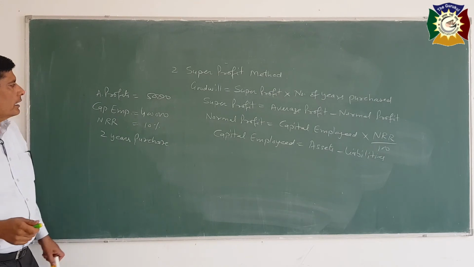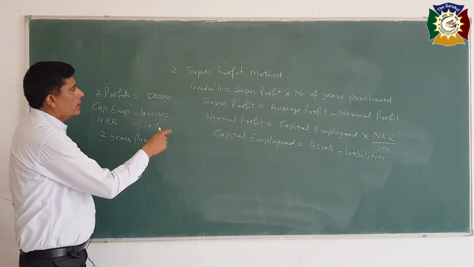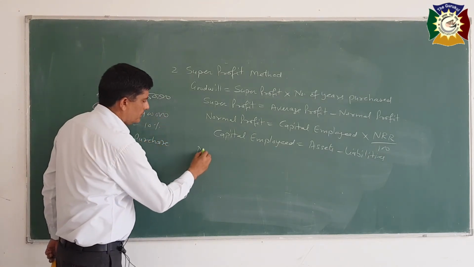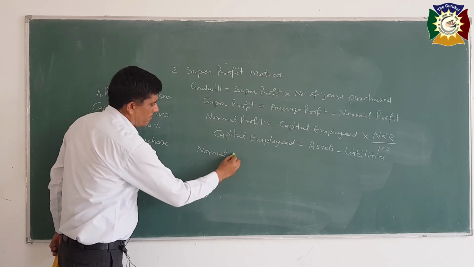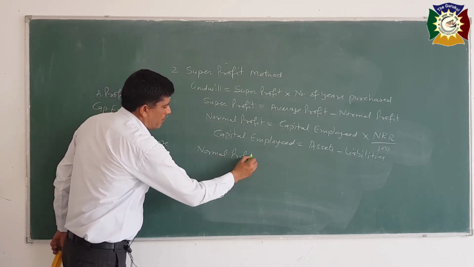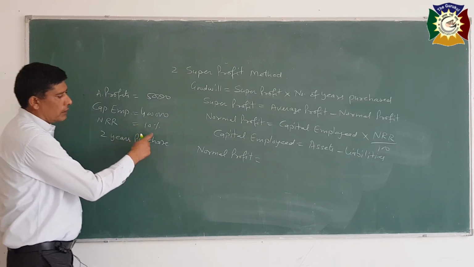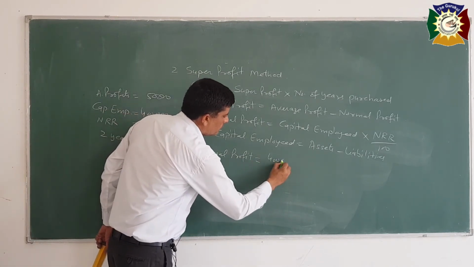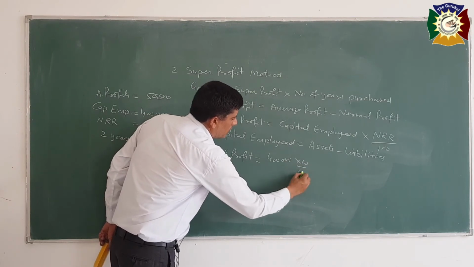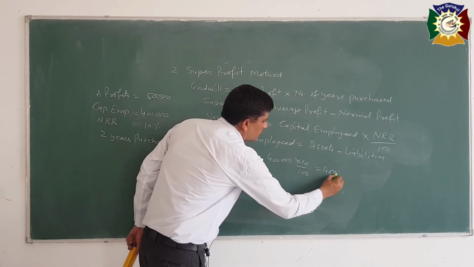Then average profit is 50,000, calculate normal profit, which is equal to capital employed into NRR upon 100. So 4 lakh into 10 upon 100, that will be 40,000.